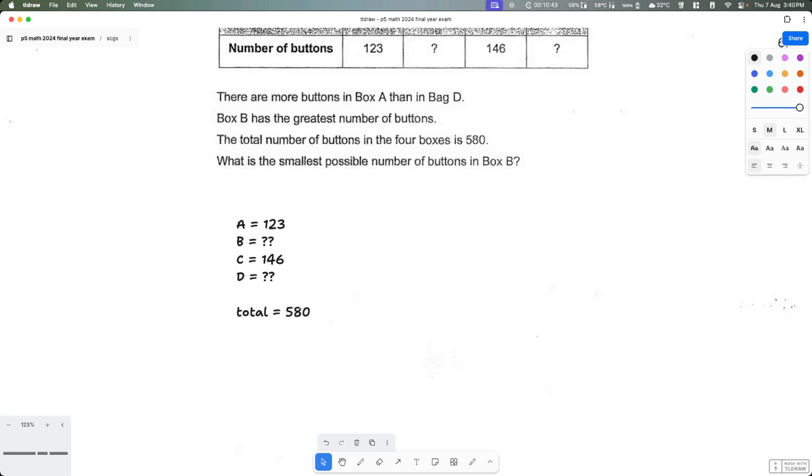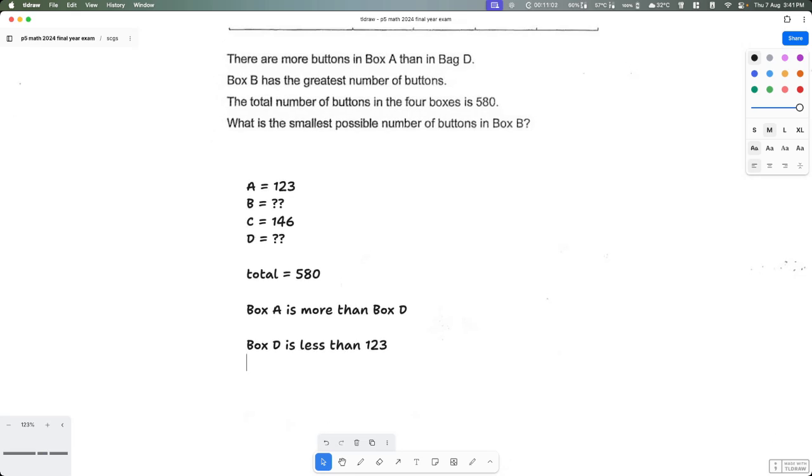We also know that box A is more than box D, so box D is less than 123. And box B has the highest amount.